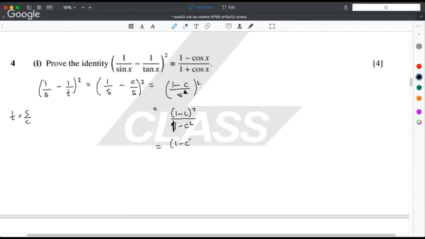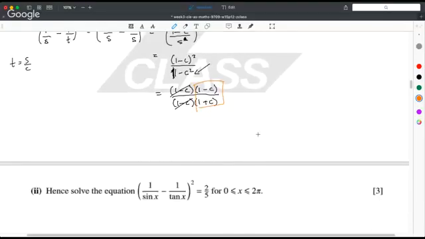This is just 1 minus c squared, so it's just two copies of it. But the trick is to realize that this thing can be decomposed into two brackets, one with a plus and one with a minus. And you can convince yourself by remultiplying it that you'll recover that original thing. But now I can cancel this. And so I'm left with the thing that they required, 1 minus c over 1 plus c.